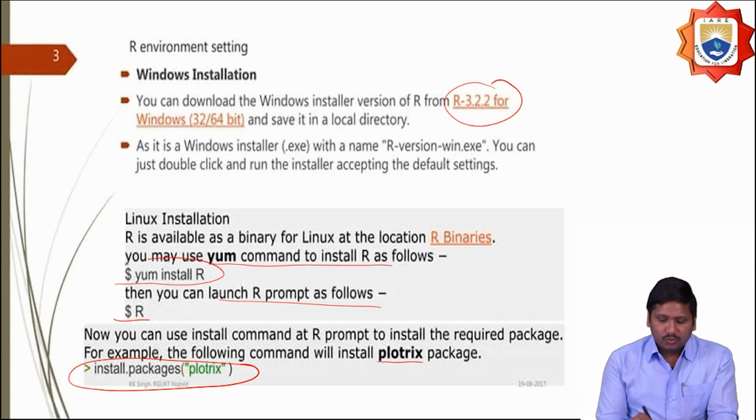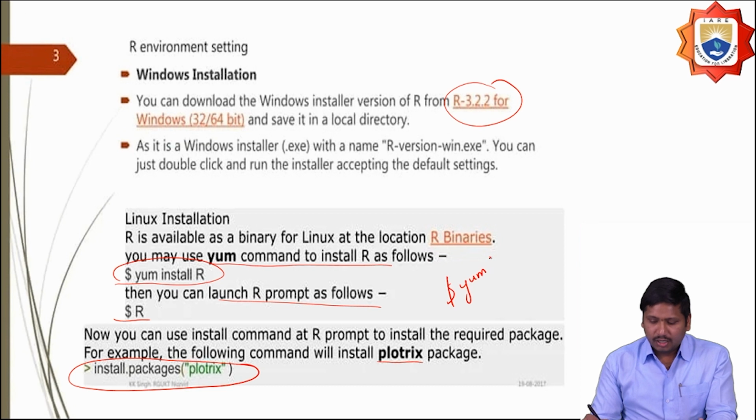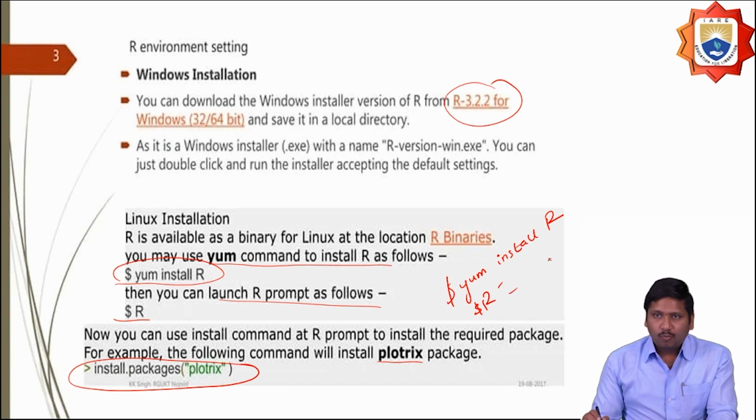For that, the command to run is yum, which is used to install R. Once that is done, we get the R prompt, so we can execute the commands. And for drawing plots in Linux, we have to make use of this syntax.